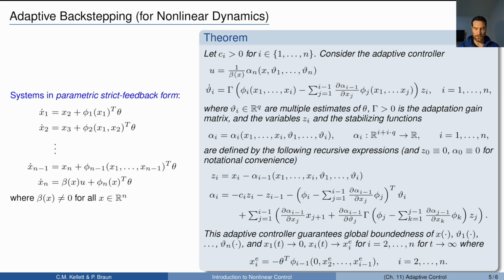I don't want to go into detail with respect to this theorem, and it's worth actually going through an example, partially by hand, partially with the help of some corresponding software, to see the structure of the construction here.